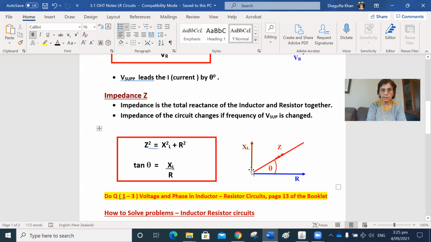So we add them in a vector manner, just as we added voltages. Z squared, which is the total impedance of the inductor resistor circuit, is XL squared plus R squared. So we can use this formula to calculate Z. And again, to find the angle, the current is drawn here, Z is over here, we find tan theta, which is XL over R.